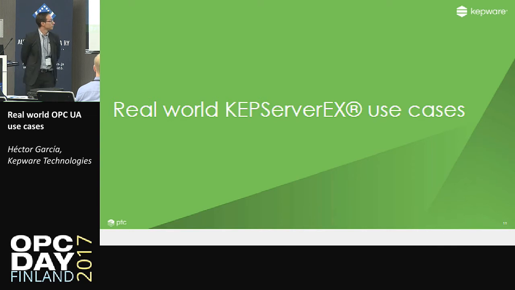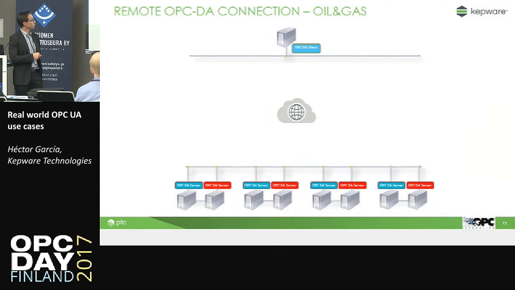They had a plant with redundant pairs of OPC DA servers, and they had an OSIsoft historian using an OPC DA client. This was in one of their petroleum refineries in a remote location, and they wanted to communicate to a central location.